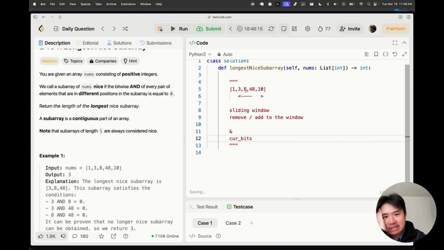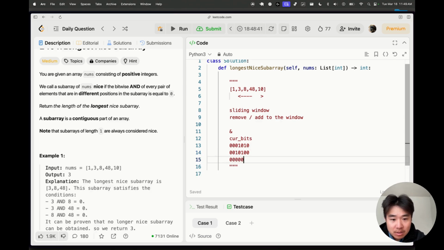And the whole idea is that in our window, we want to make sure that all of those bits never overlap. For example, if this was one of the numbers and this was another one of the numbers, that would be a valid window, right? Because they don't overlap. All of this would be valid.